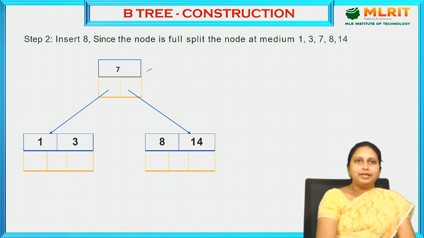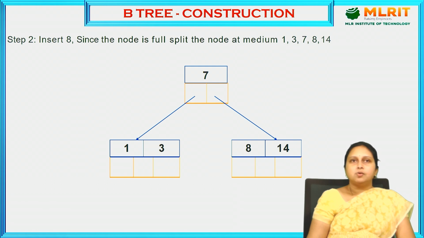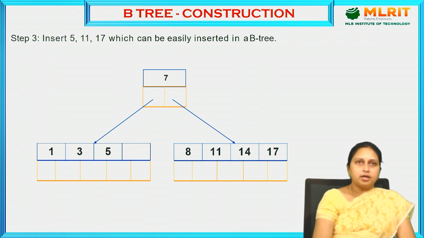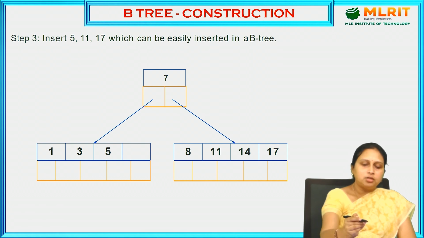Now we need to insert the next elements, which are 5, 11 and 17. First I am going to take 5. Where do I need to insert 5? Check with the root node 7. 5 is less than 7, so we insert 5 here.